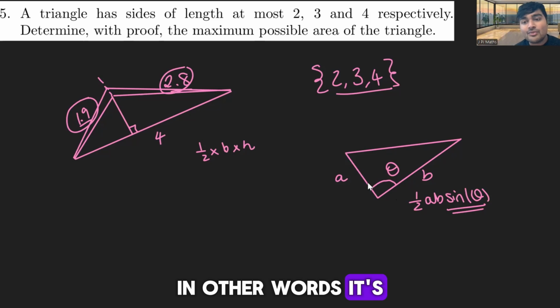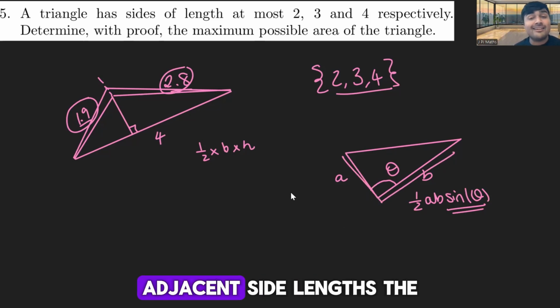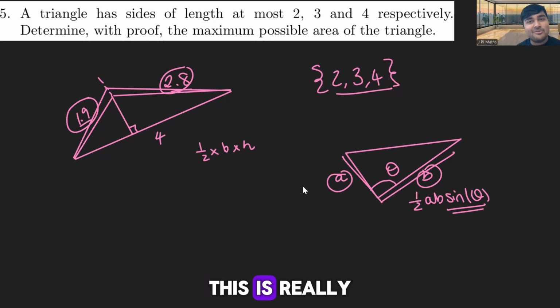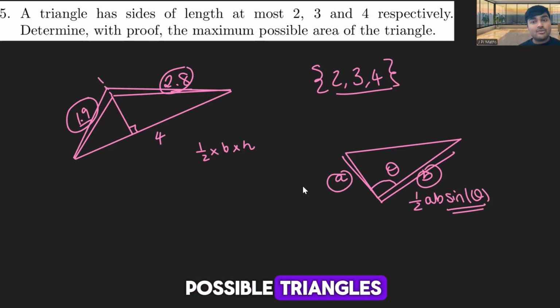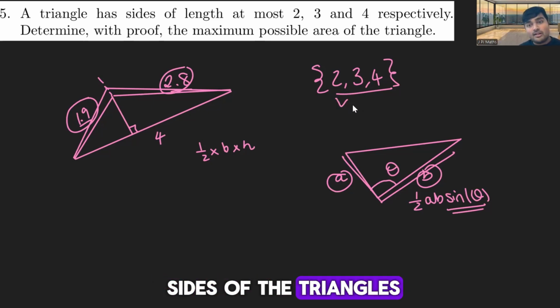In other words, it's a right angled triangle where the two sides adjacent to the 90-degree angle are the fixed sides A and B. This is really cool because now all we need to do is check three possible right angled triangles where the two short sides are from this set here.